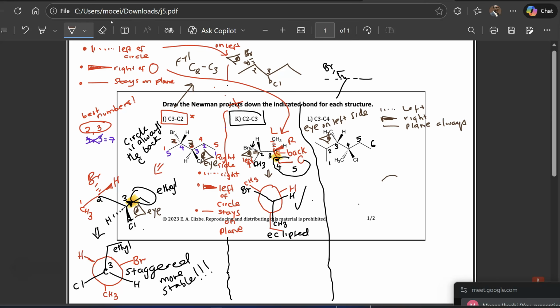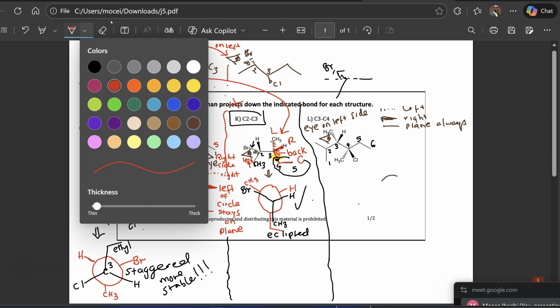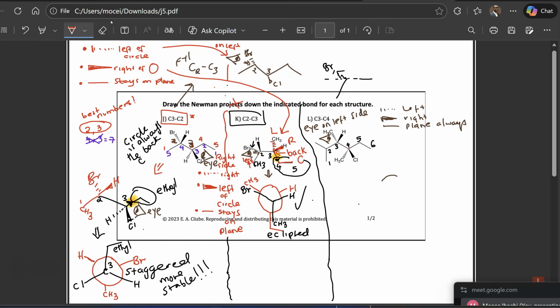Okay, I'll draw my back circle. Let me find my red. My back will be this, and this is going to be left. That's right. That's plain. Do not cross. Do not cross.